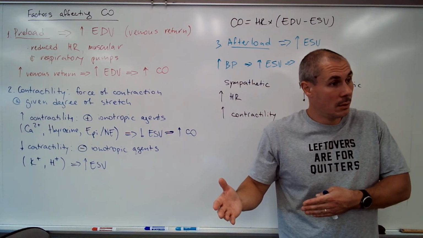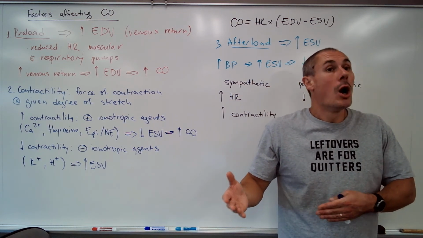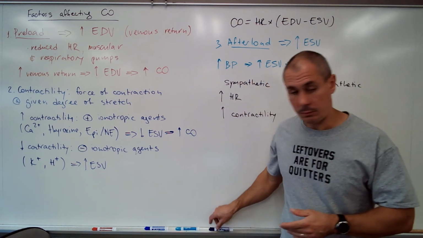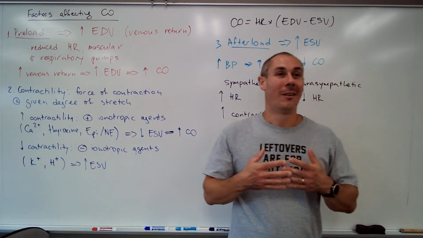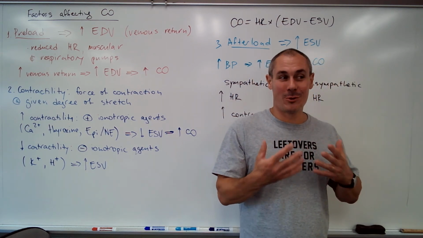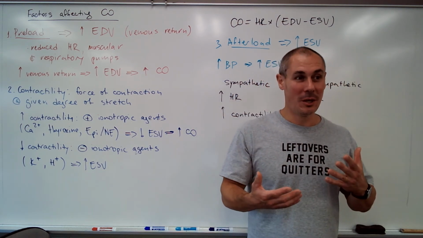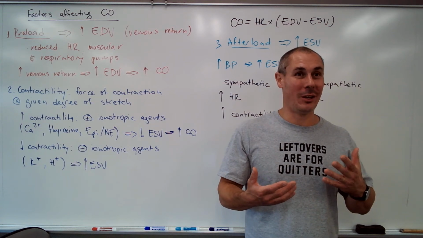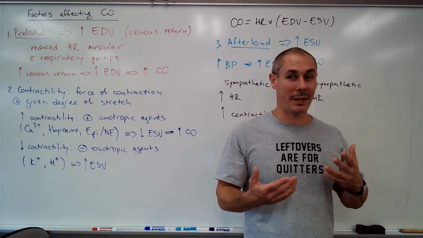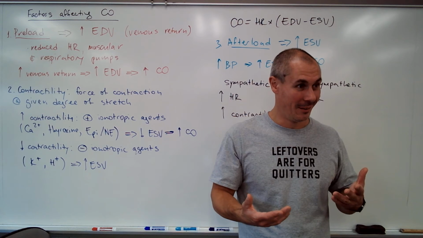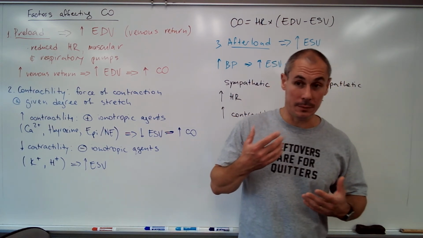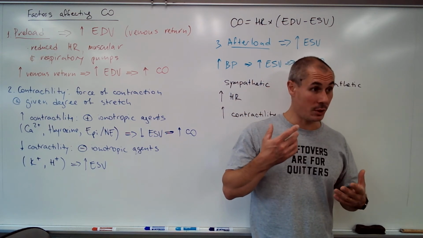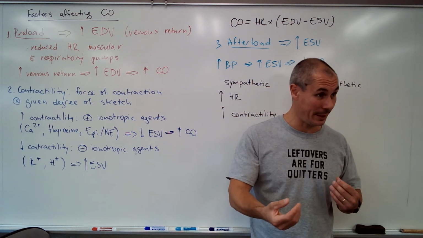Is it a different effect short term? What I'm saying is, we look at each individual factor and how it affects things, but if your cardiac output decreases, you're going to die because your tissue perfusion is going to go down. So the cardiac centers in the medulla oblongata will compensate for it.